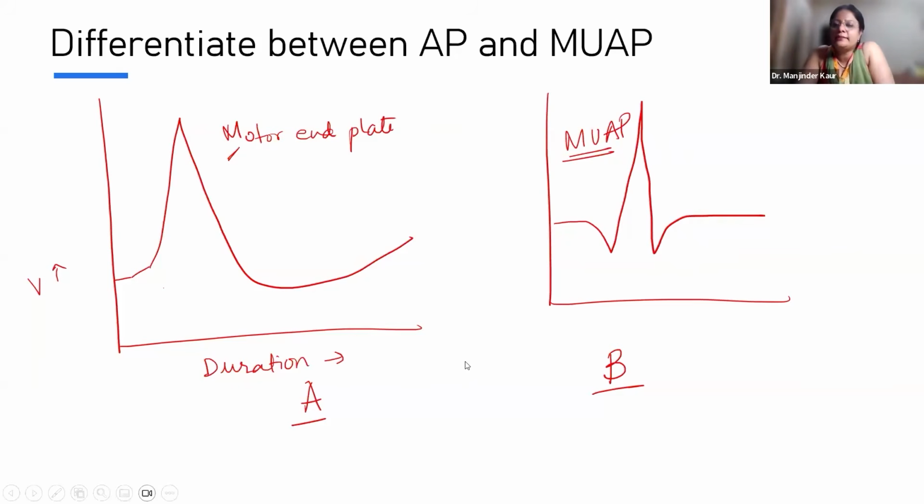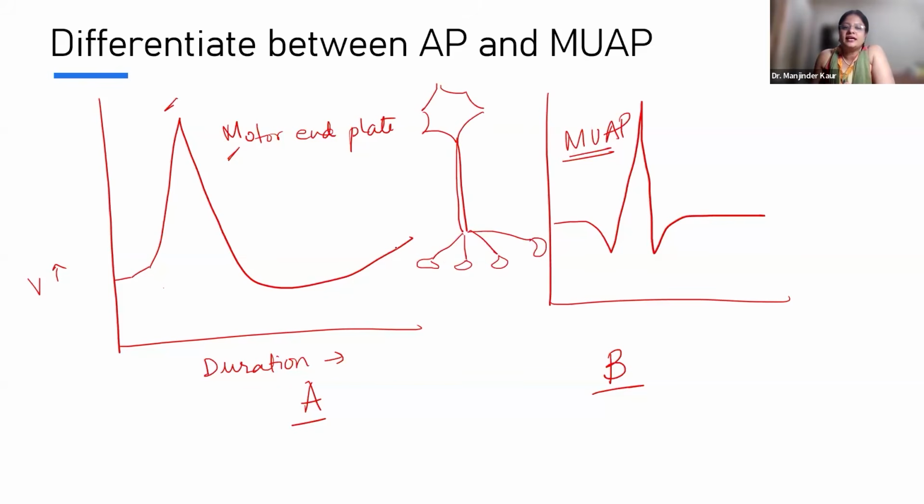Okay, I have certain MUAP, nature of stimulus is sub-threshold, AP is supra-threshold. No, both of them would require the threshold stimulation for the nerve, right? So here in the motor end plate potential, let me explain again. So if I have this neuron and it has multiple axon terminals, so it has one fiber here.